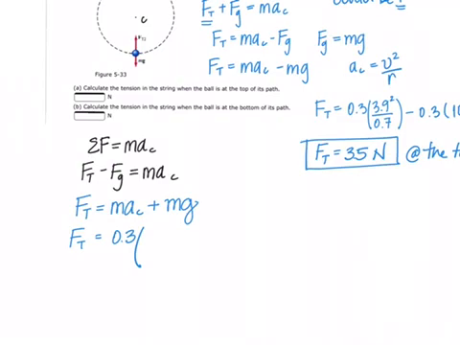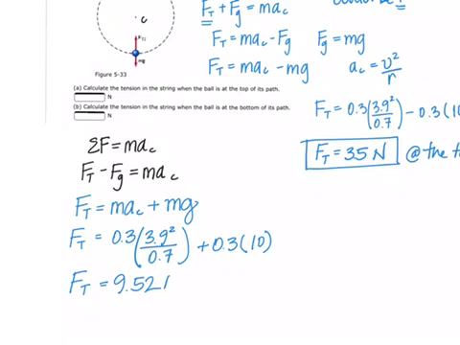The centripetal acceleration is 3.9 squared divided by 0.7, just as we did before. This time plus mg, so 0.3. And for g, I'm going to use the approximation of 10. So here we get that the tension force at the bottom is 9.52 newtons. This is at the bottom.